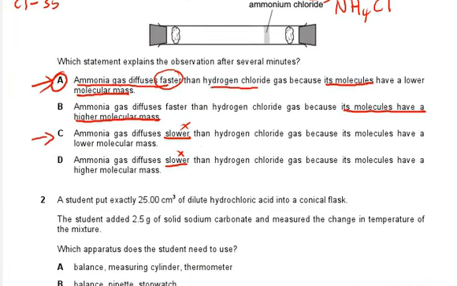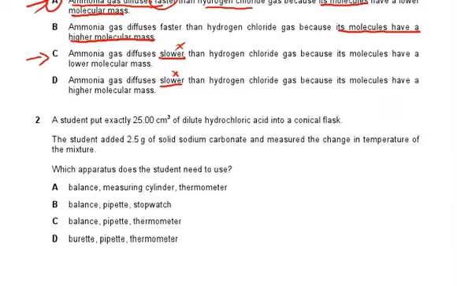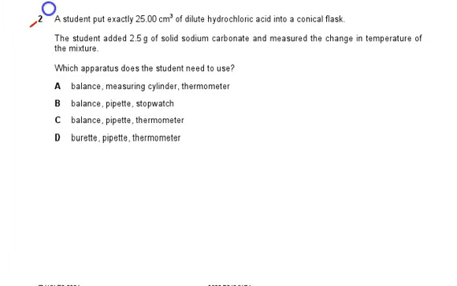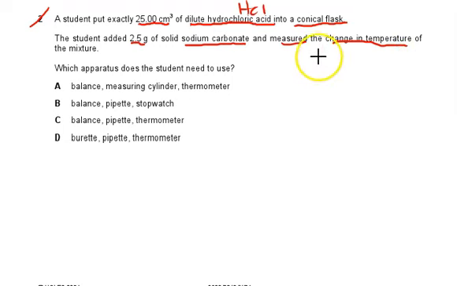Now let us look at number 2. Let me scroll below. A student puts exactly 25 cm cubed of dilute hydrochloric acid into a conical flask. The student adds 2.5 g of solid sodium carbonate and measures the change in temperature of the mixture.